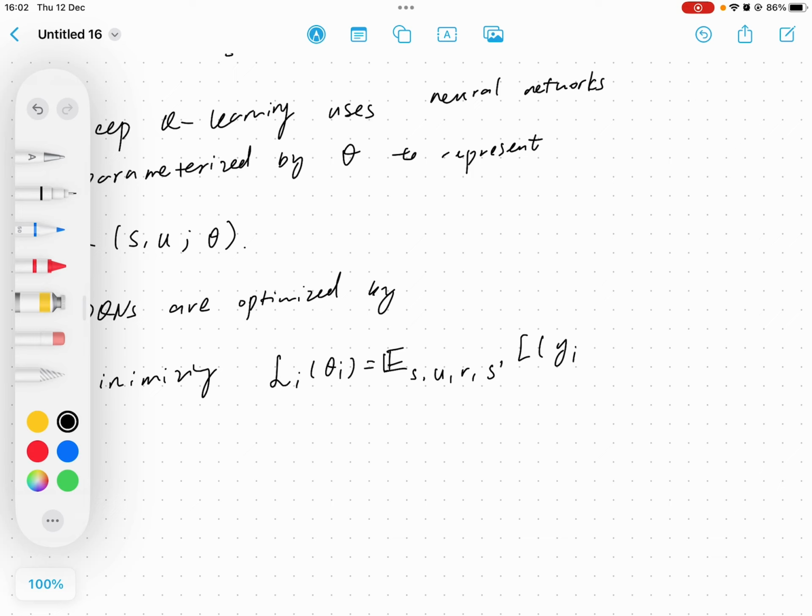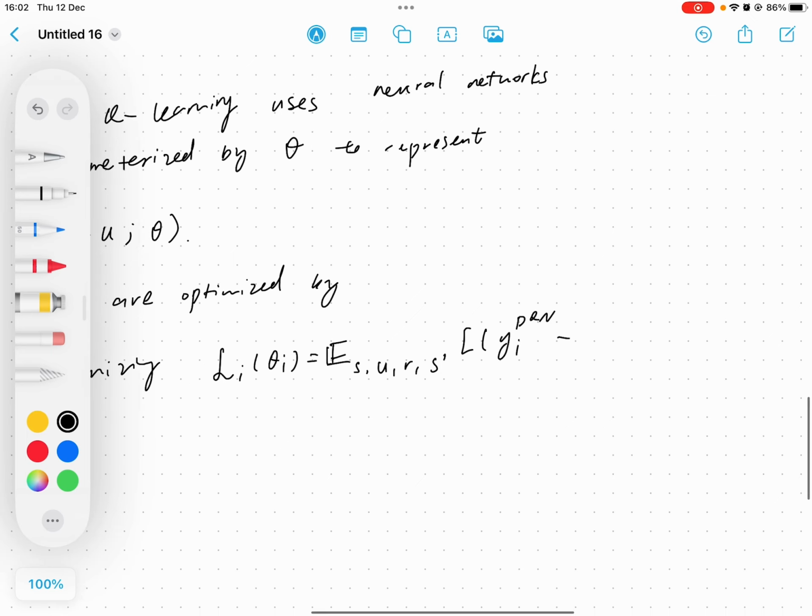This is denoted by DQN, minus some output from the network, which is simply this Q, as defined above. So we're trying to minimize this loss, which is the expectation of the square of the difference between the label, the so-called target in reinforcement learning, and this Q, which is the real output.